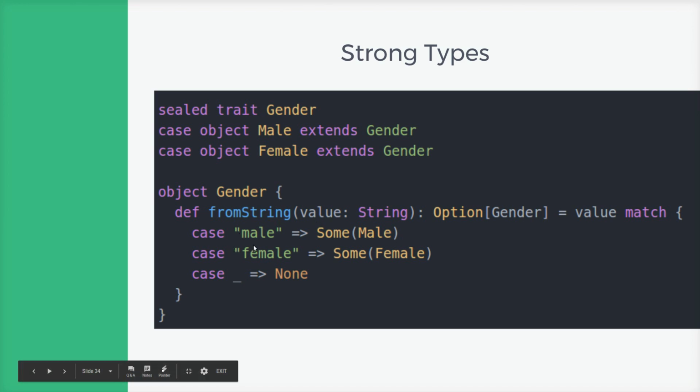But we know that male is a Male and female is a Female type in this case. And again, we are matching the otherwise case or anything else. And again, the bigger advantage of this is forcing the programmer to validate the error case.